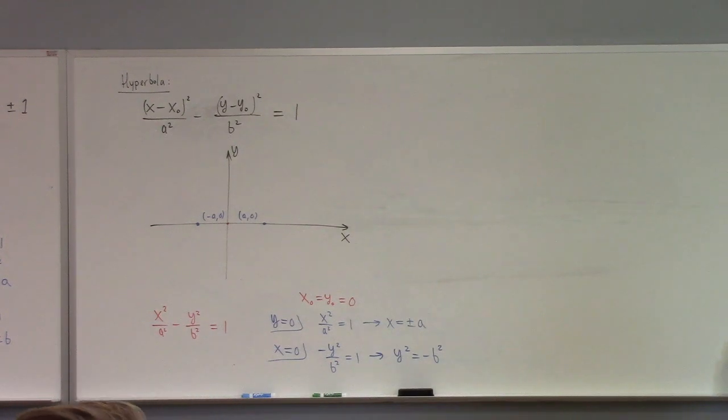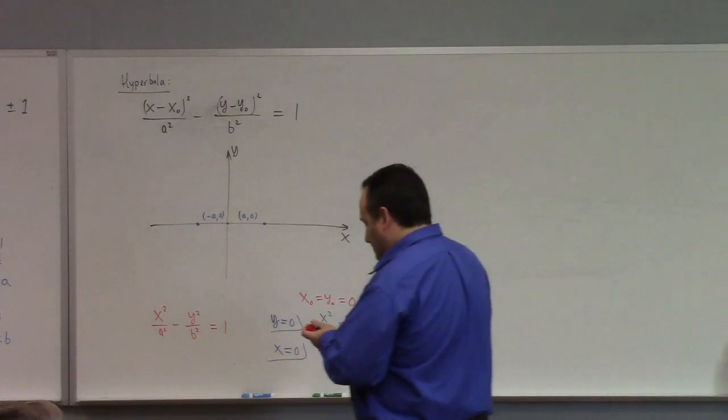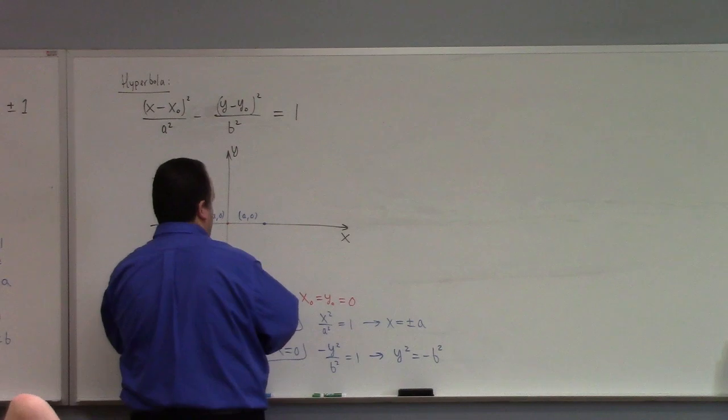You can't, right? That has no real solutions. Which means you need imaginary numbers. But for the sake of our graph, that means that there is no y-intercept. So this hyperbola does not cross the y-axis. And in fact, what it looks like is something like this.